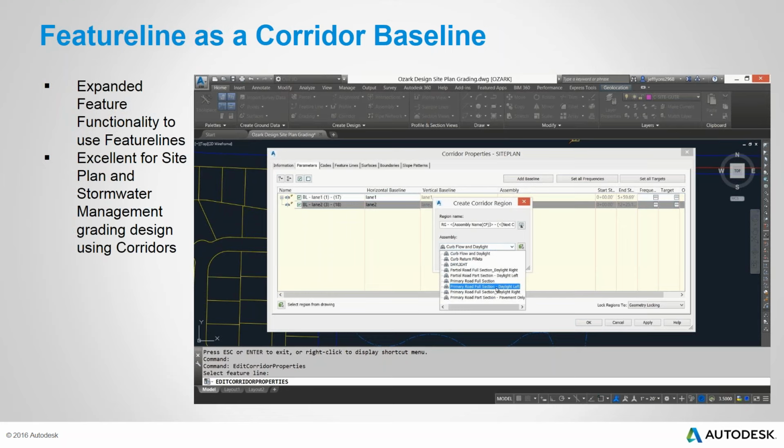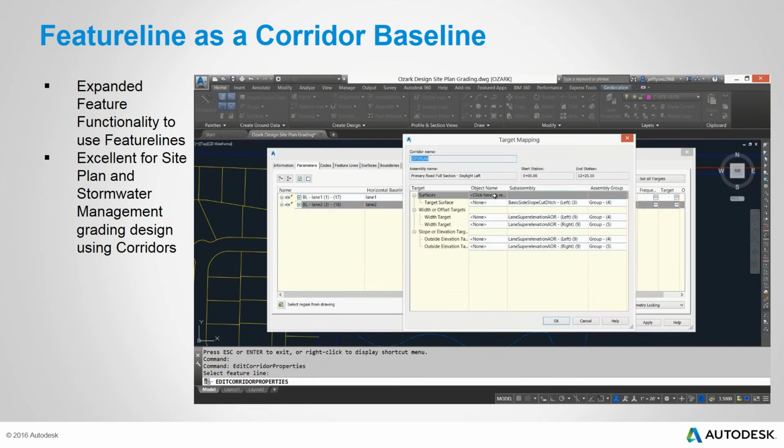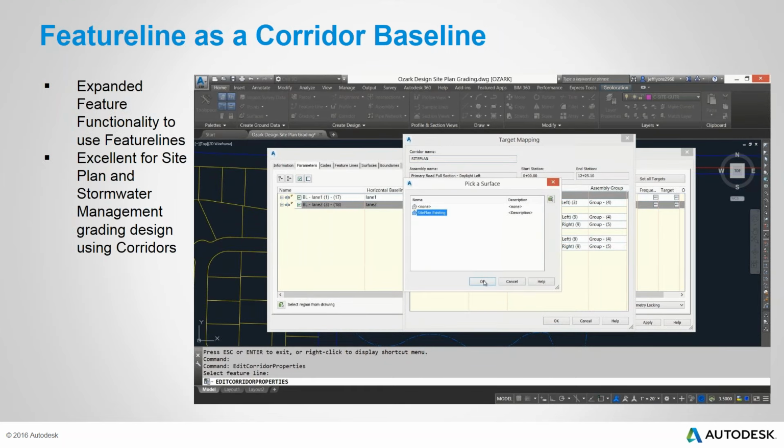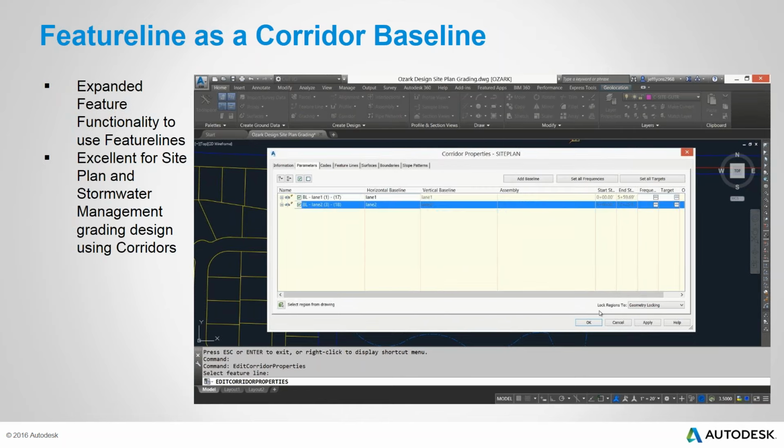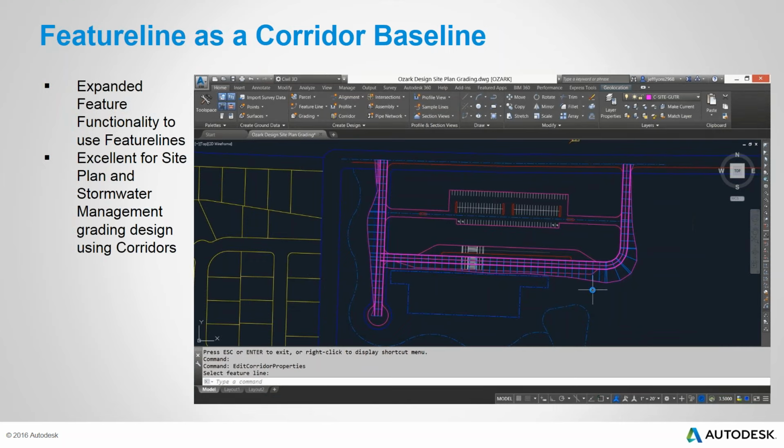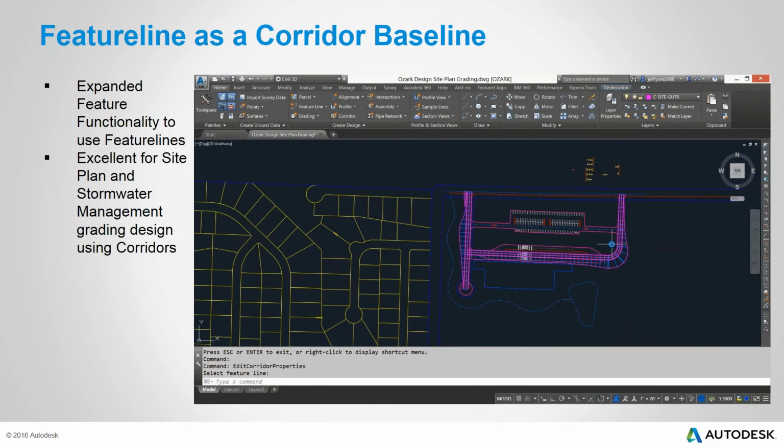And set the assembly. And the targets. And then just apply it, and then that will create the second corridor. So there's our second road designed using nothing but feature lines.